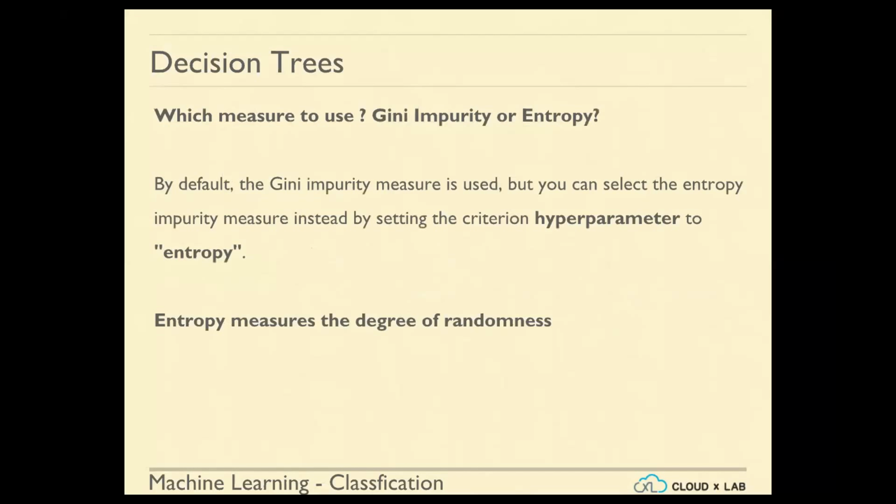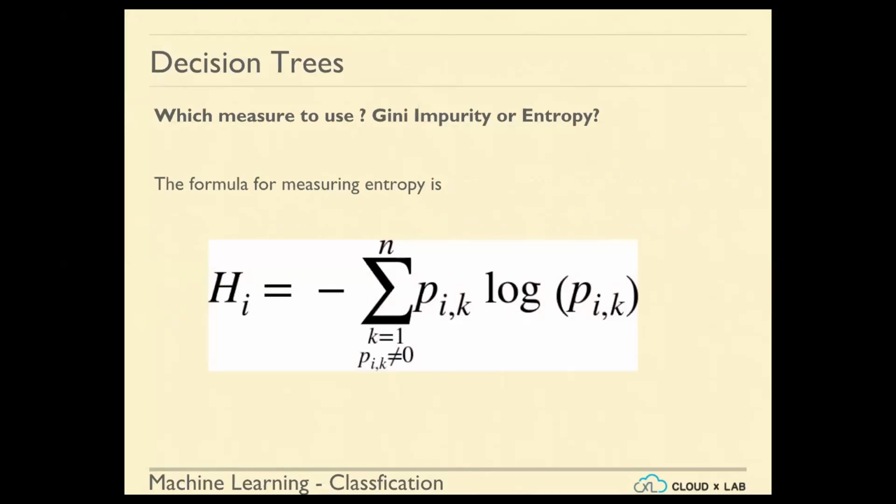By default, the Gini impurity measure is used, but we can also select the entropy measure instead of Gini. We can just pass this hyperparameter called entropy. Entropy means degree of randomness.